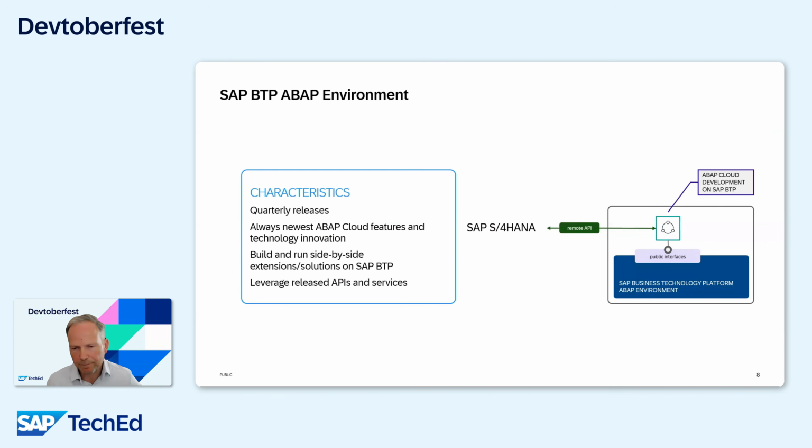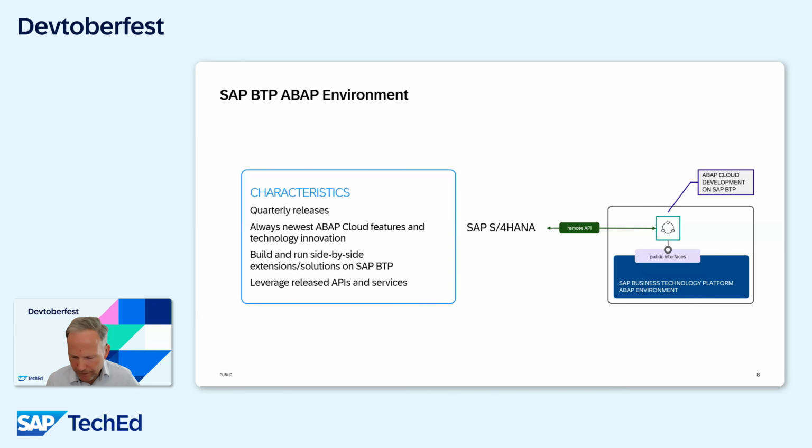All right, so if we take a look into the product offering of steampunk, it's important to mention that steampunk provides quarterly releases. We are always providing the newest and greatest features of ABAP Cloud, and it's intended to build and run side-by-side applications built with ABAP on BTP.